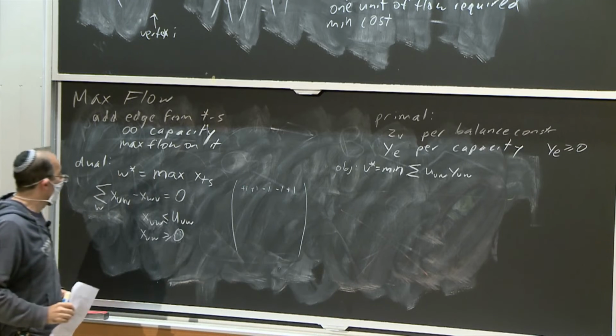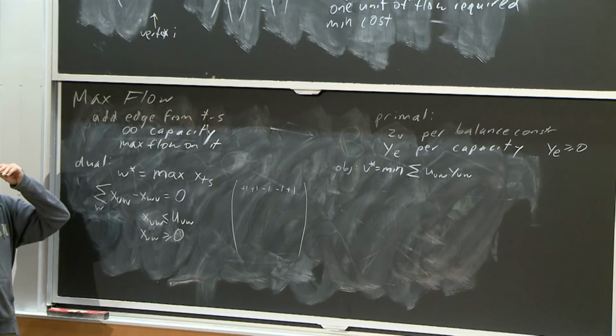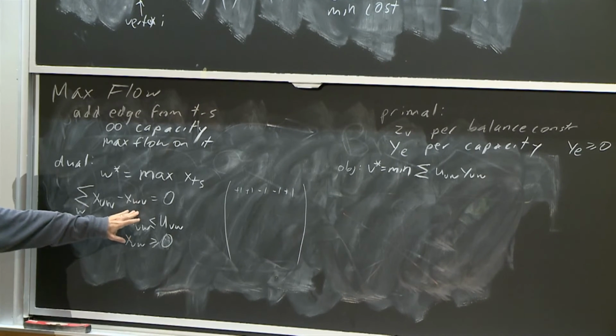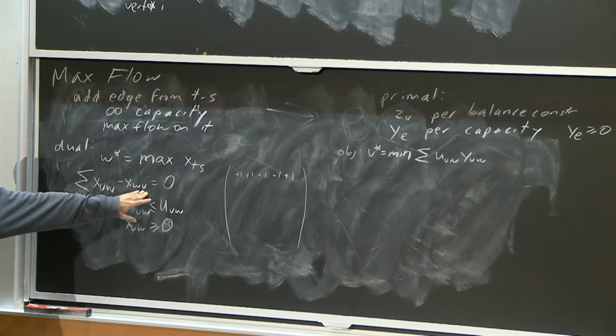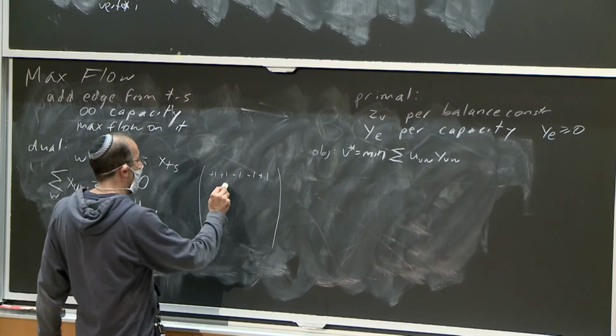To add up all of the outgoing edges and subtract off all of the incoming edges from V, sorry, I said that backwards earlier. So we're going to have a bunch of constraints like that.